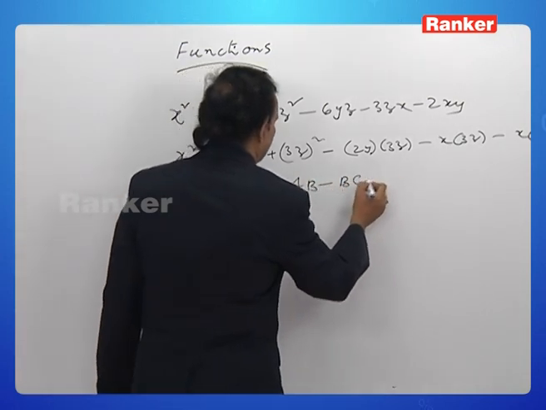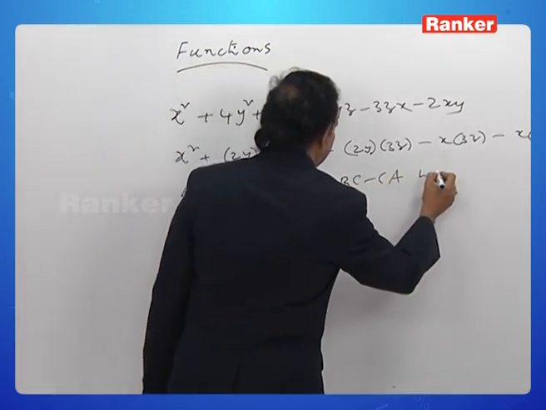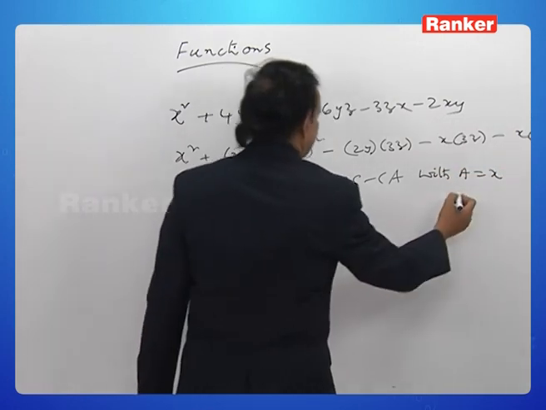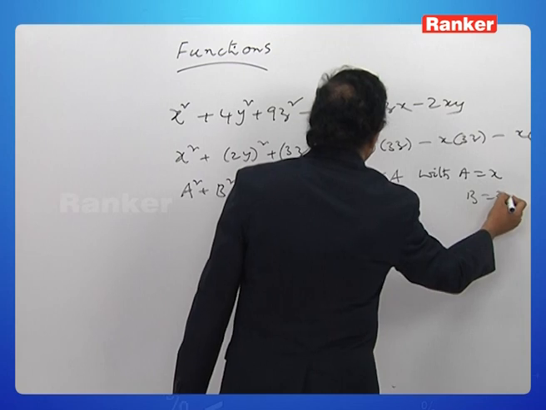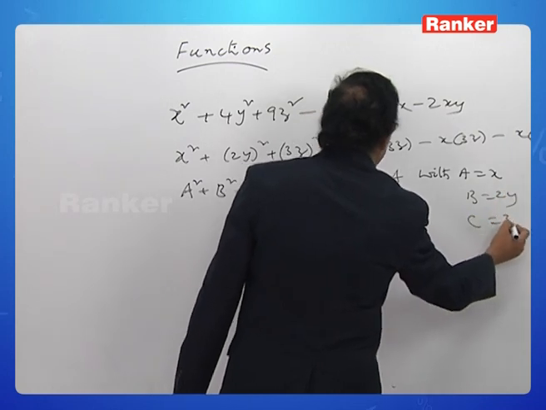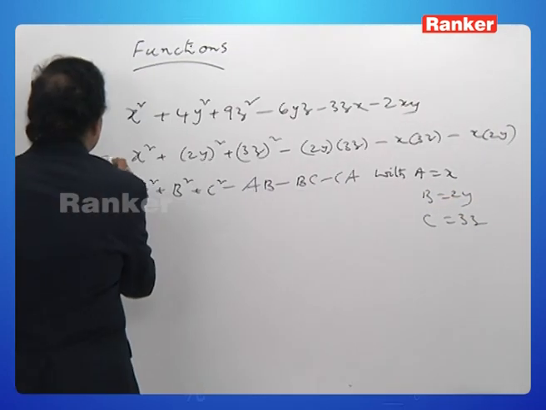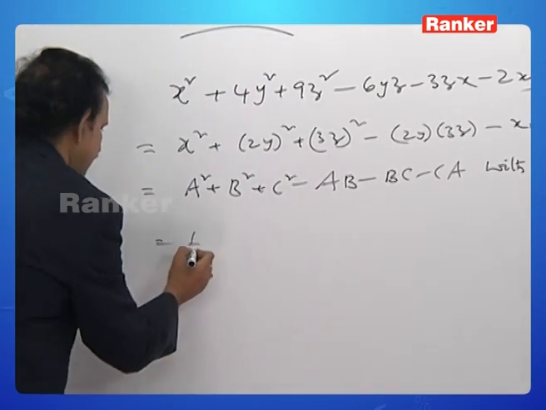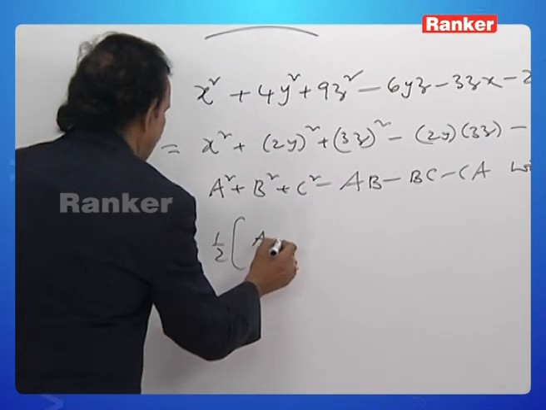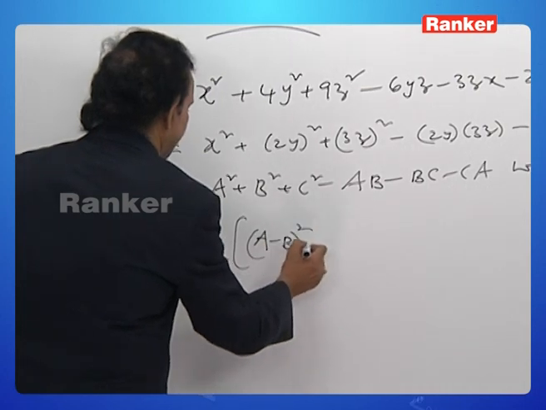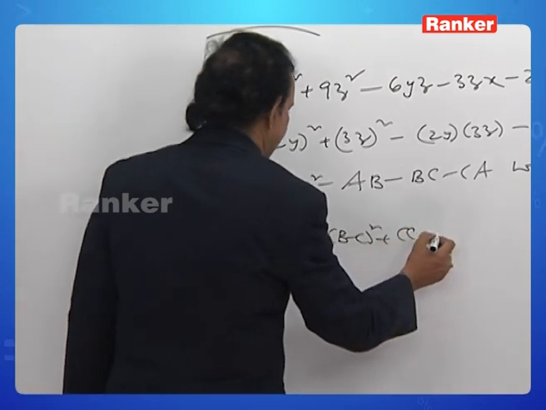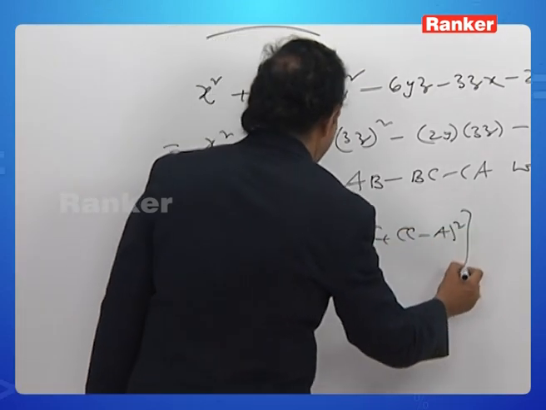In the place of a what are we having? x. In the place of b, 2y. In the place of c we have 3z. This again can be written in the form half of a minus b whole square plus b minus c whole square plus c minus a whole square.